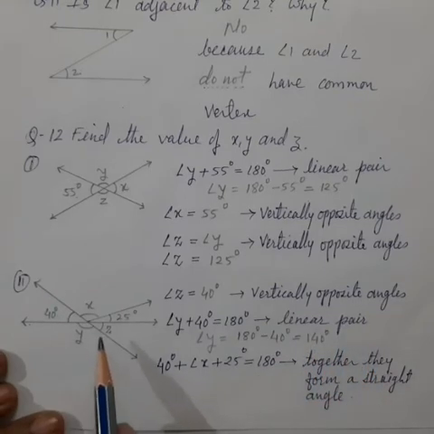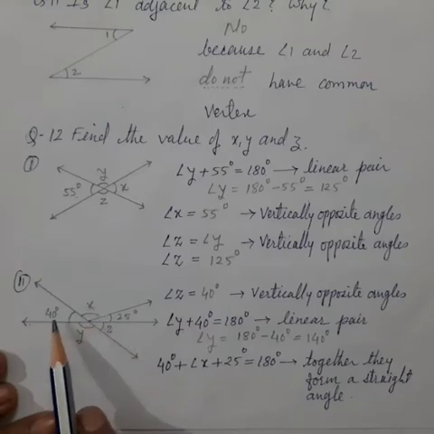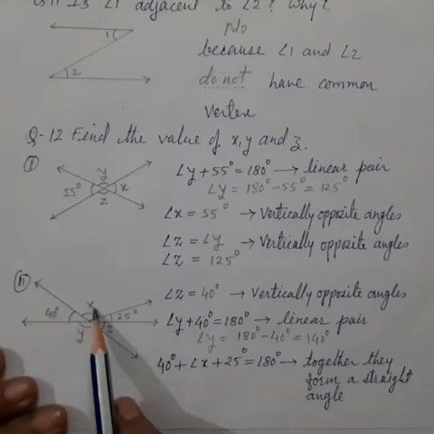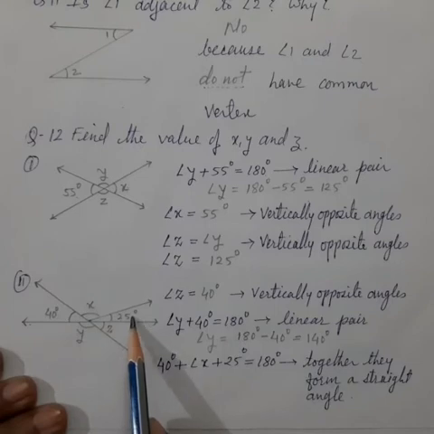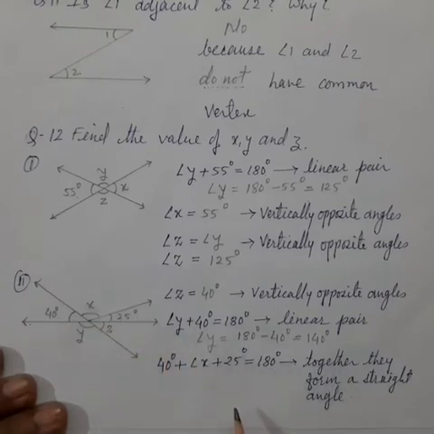Now coming to angle x. 40 degrees, x and 25 degrees together are forming a straight angle. So the sum of 40 degrees, x and 25 degrees is 180 degrees. Now find out the value of x.